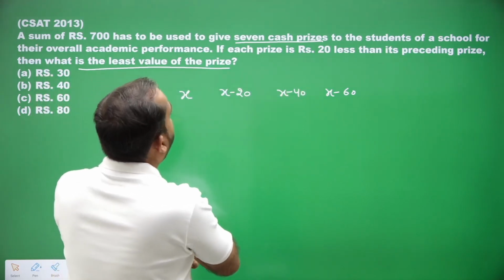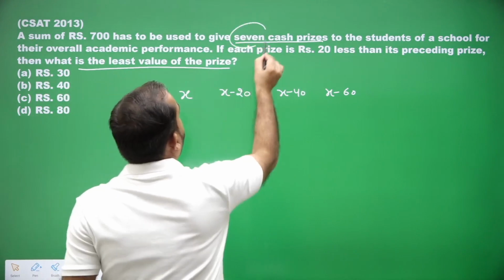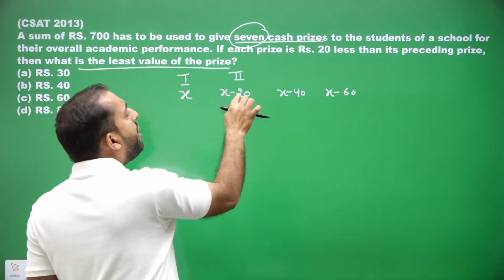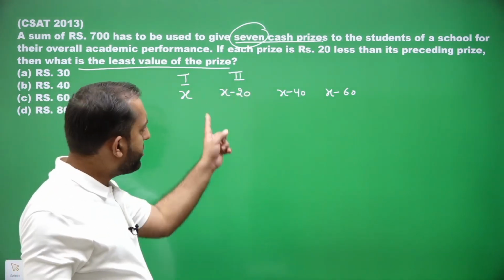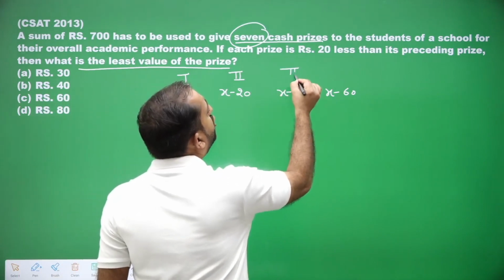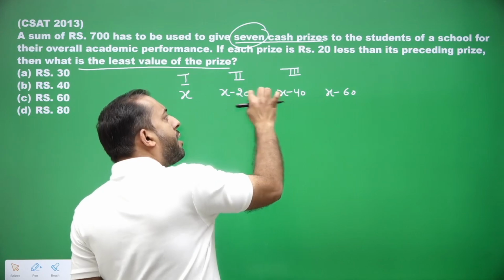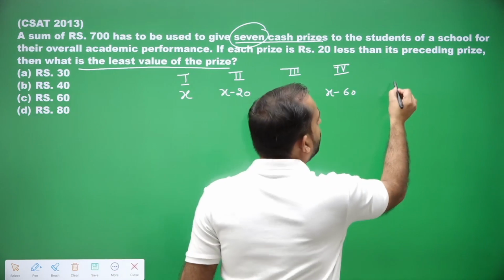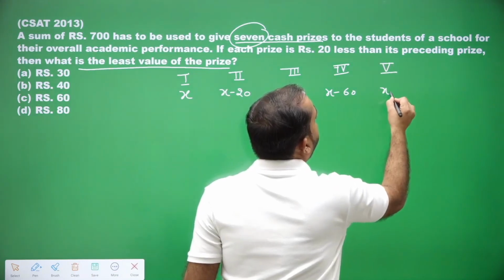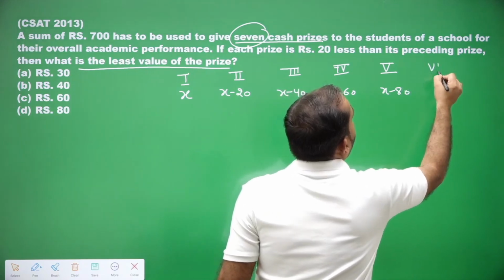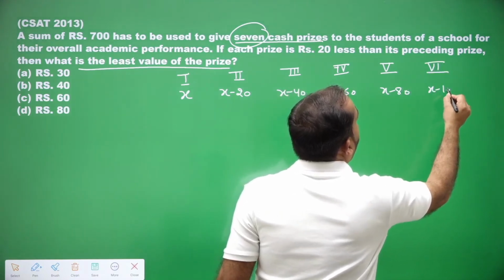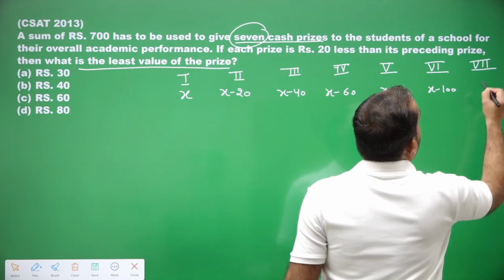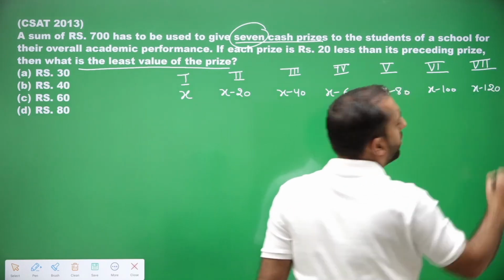So the fifth prize should be X minus 80, the sixth prize should be X minus 100, and the seventh prize should be X minus 120.